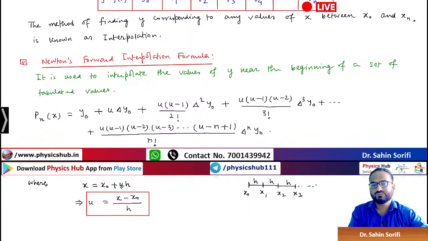Let's say you are not given x5. If you want to go up to x5, what will you do? You need x0 plus h, 5 times you need to add h, then you will reach x5. So in that case, u will become 5.